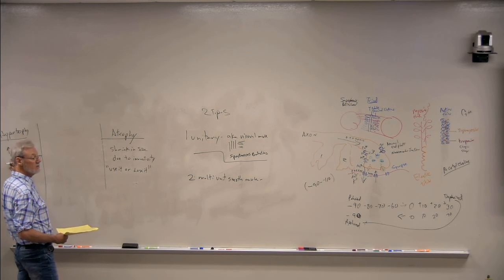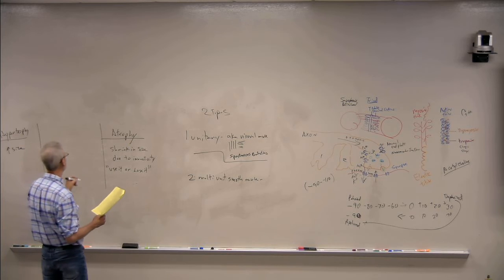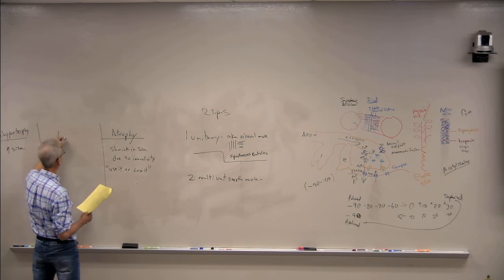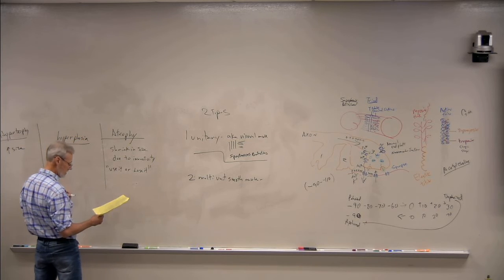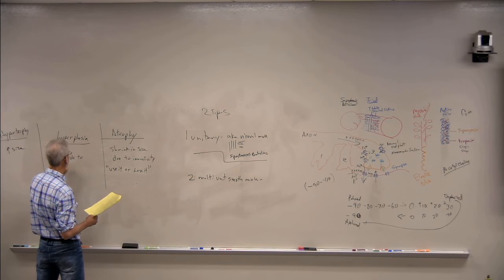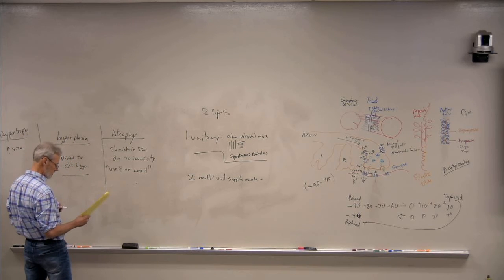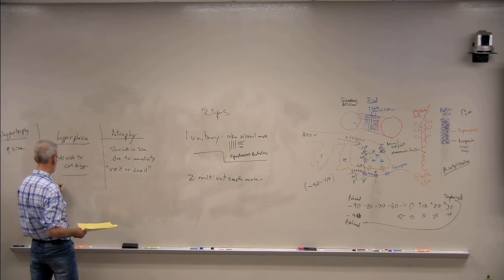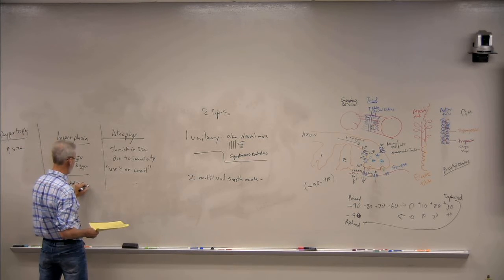Now, hypertrophy is increase in size, but I have the same amount of muscle cells, okay? Now, there's another word we need to learn. Hyperplasia, spelled H-Y-P-E-R, plasia. Cells divide to get bigger. Now, this is associated with cancer.